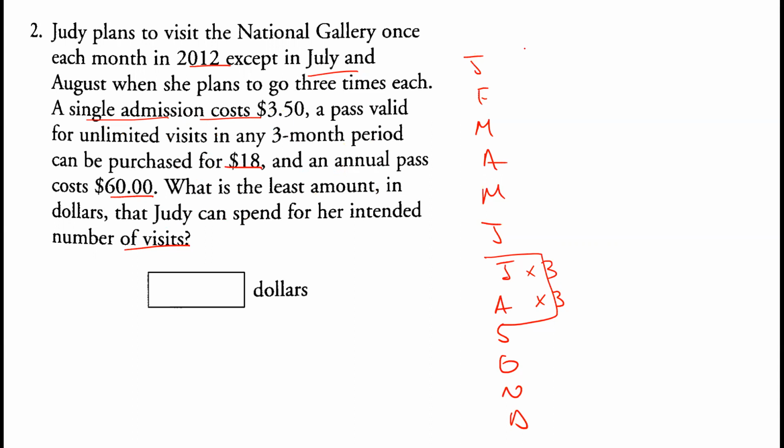Let's suppose we don't buy any passes and pay each time we go. One visit for each month, but thrice for July and August. So we have 10 plus 6, which is 16 visits. 16 times 3.5: 16 times 3 is 48, plus 8 is 56.